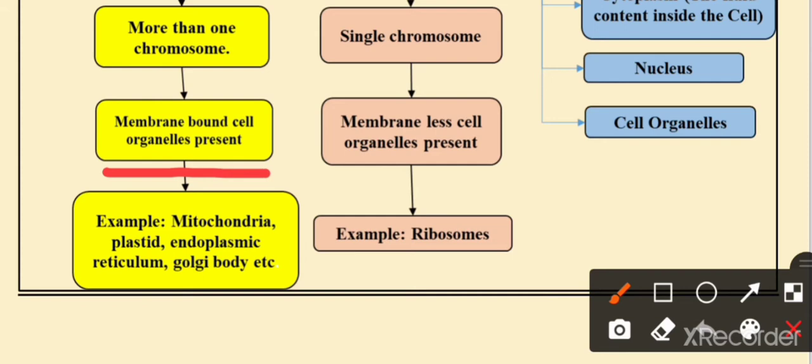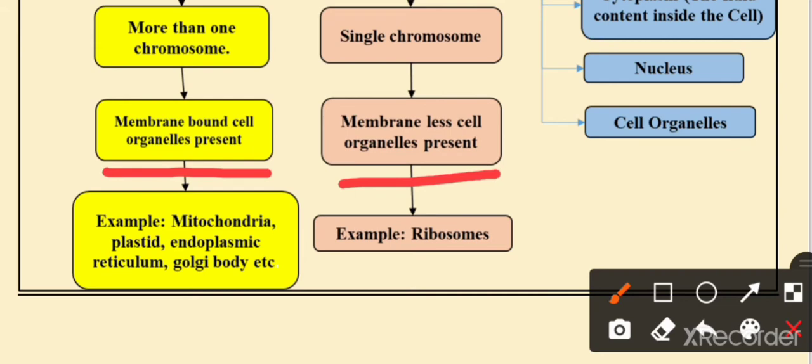All these membrane-bounded cell organelles are present in eukaryotic cells only, but in prokaryotic cells membrane-less cell organelles are present, meaning the organelles do not have a membrane around them. That is why it is known as membrane-less cell organelles in prokaryotic cells.